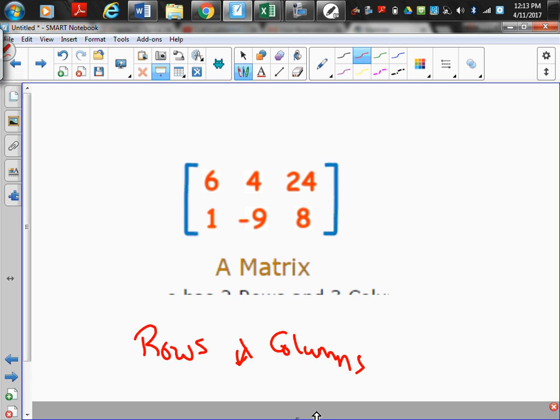Then the X means by, then it has 3 columns. So this one has a name of 2 by 3. Matrices are named by how many rows they have, then the X means the word by, and then how many columns they have. Now, we have what's called an element.